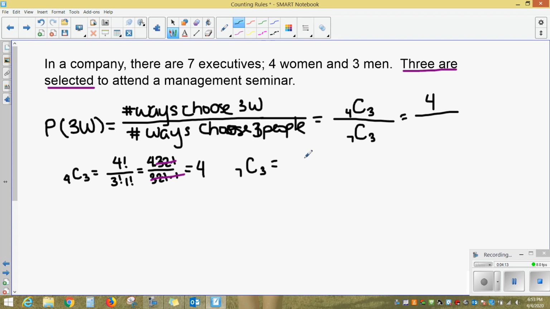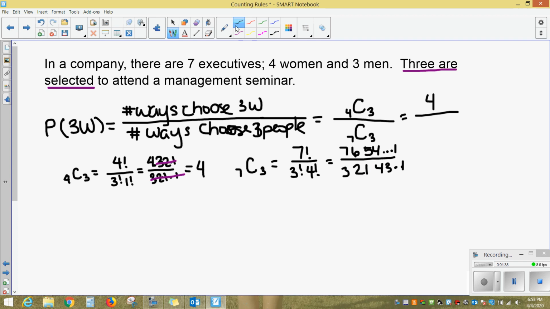7 choose 3 would be 7 factorial over 3 factorial 4 factorial. And so if we have, oh, we have something strange, we erase it. And then we say 7, 6, 5, 4, 3, 2, 1. And I can stop writing at 4.